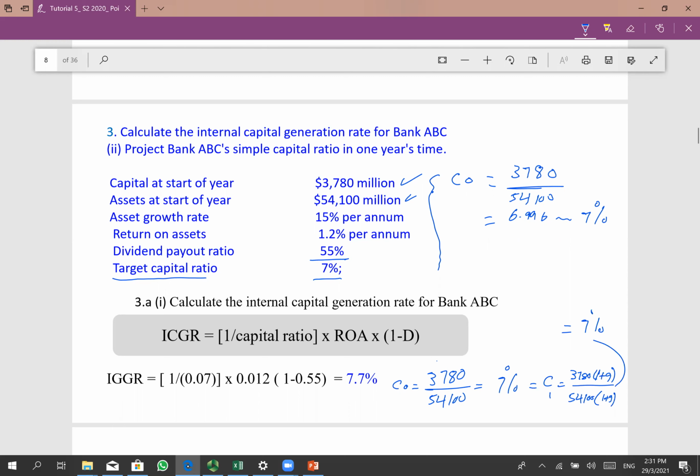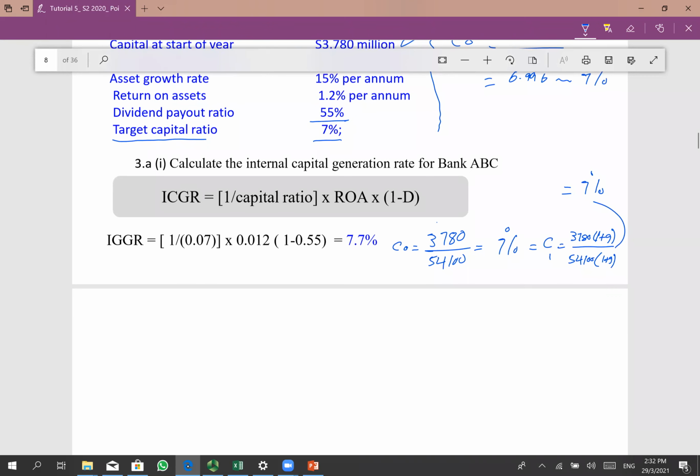So in this case, because our main concern is to keep the target constant, because we don't want to go over the target or under the target, this is the purpose. So this model is telling me what? This is the model, and ICGR is telling me this is the formula. The calculation is easy.